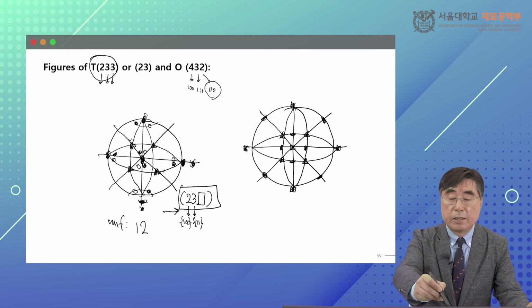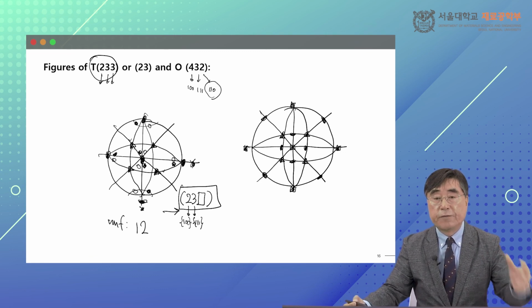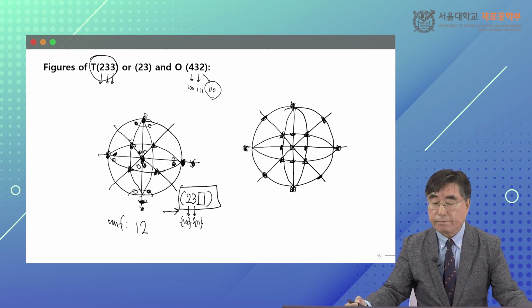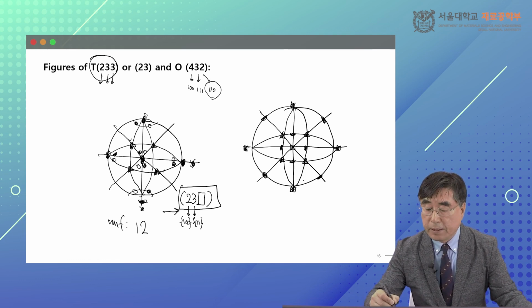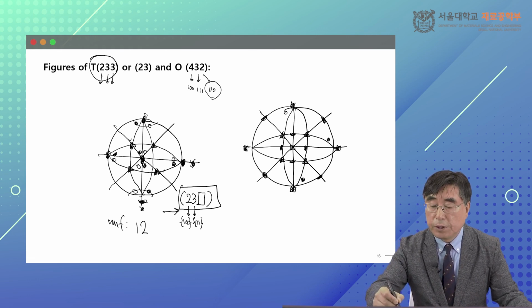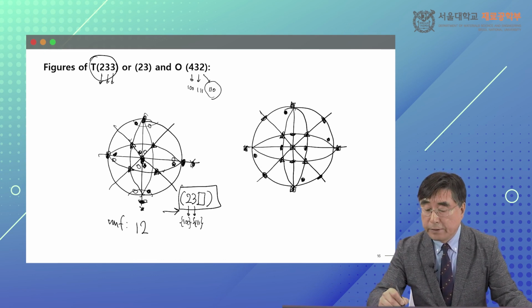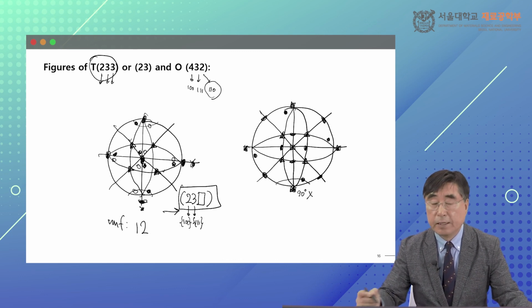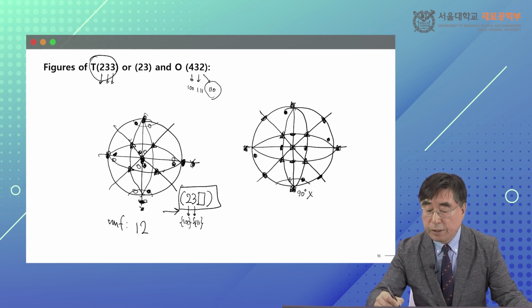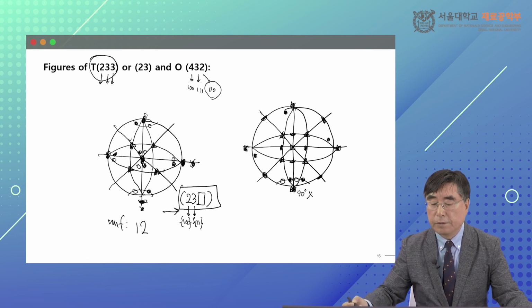So that's 432, and the Schoenflies notation is O. All right, so if I put any poles in here, the fourfold generates 1, 2, 3, 4 by the z-axis, and by the fourfold rotation operation of the x-axis, which is a 90-degree rotation, it generates an upper pole and a down pole in here.